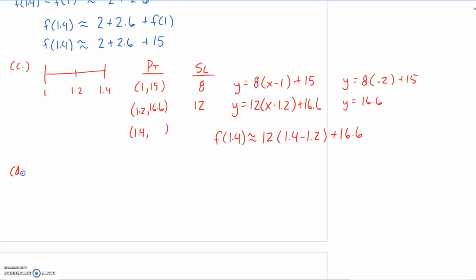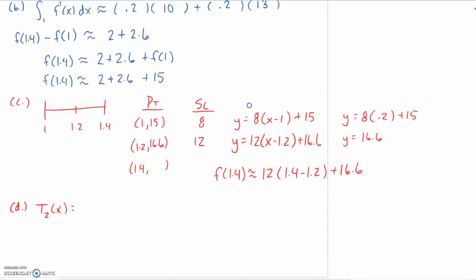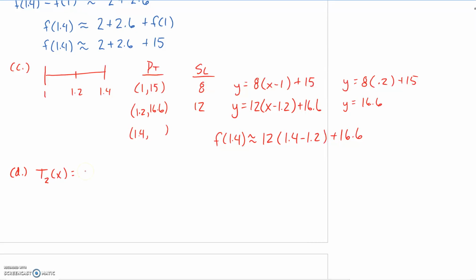The general form for a second degree Taylor polynomial, centered about x equals 1, is f of 1 plus the first derivative at the center over 1 factorial times x minus the center to the first power, plus the second derivative at the center over 2 factorial x minus the center to the second power.